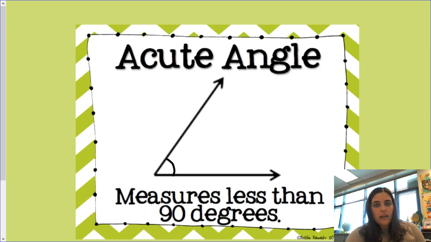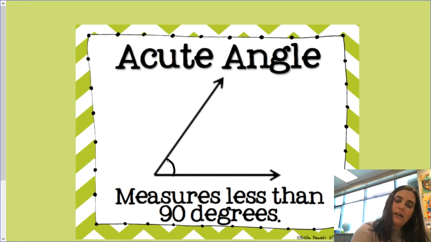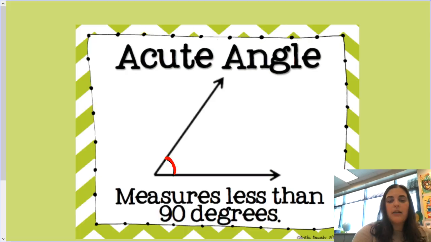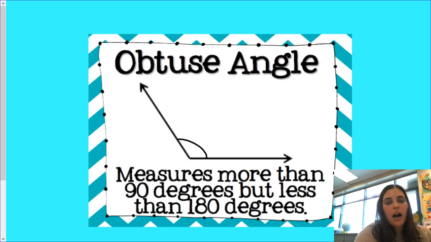The second type of angle is an acute angle, where the angle is less than 90 degrees. We think about it in terms of: is it a right angle? No. Is it smaller than a right angle? The answer is yes, and that would be an acute angle. The third type of angle is an obtuse angle, and that means it's bigger than a 90-degree angle.